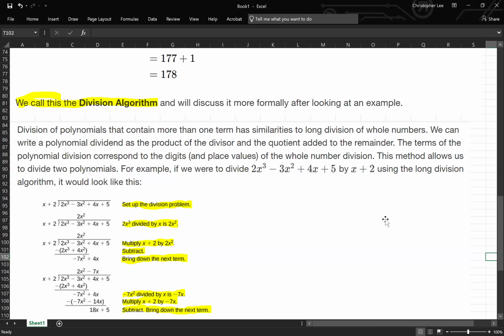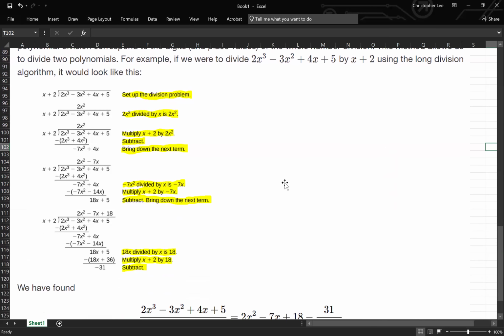So for example, if we were to divide 2x cubed minus 3x squared plus 4x plus 5 by x plus 2 using the long division algorithm, this is what it would look like. We're dividing 2x cubed minus 3x squared plus 4x plus 5 by x plus 2. So we set it up.